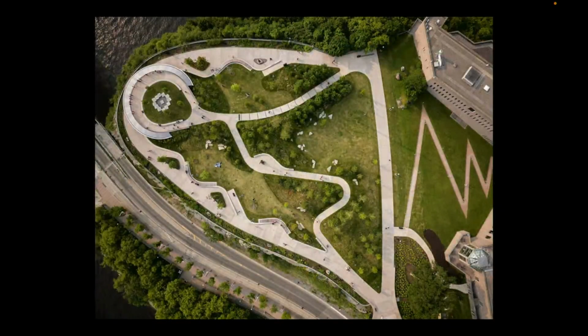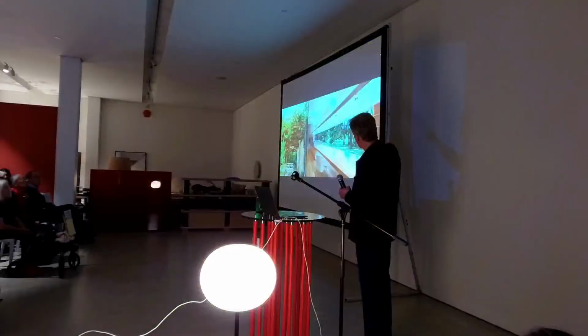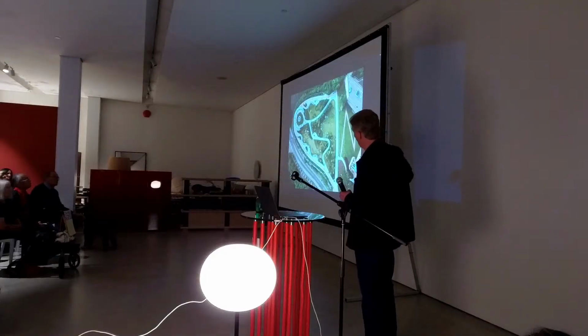And so this is the plan. This is the National Gallery just off the edge here, and the river is toward the left. And the piece of land, the idea is really very simple. We would make a pathway that would go around the perimeter, and that pathway would ultimately be continuous with the pathway that they were trying to create all along the river, very extensive.